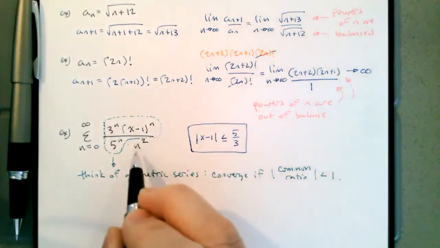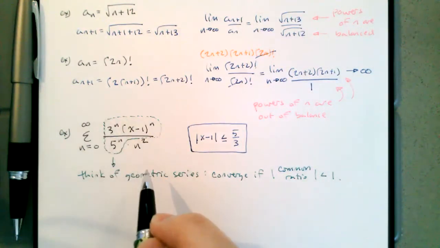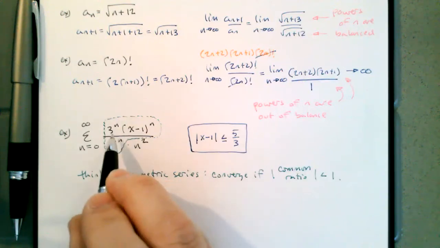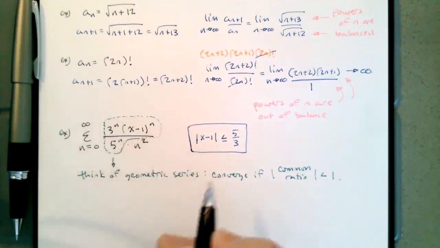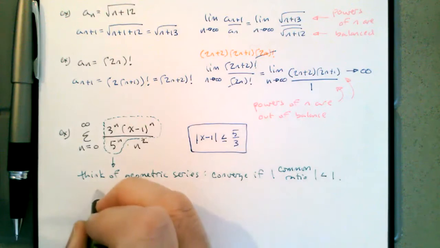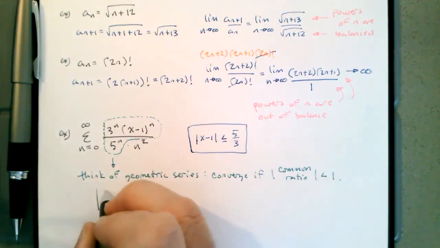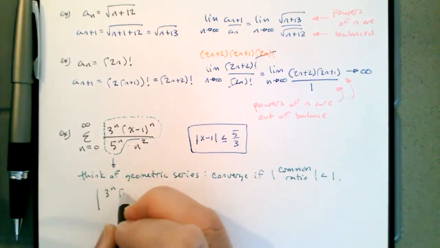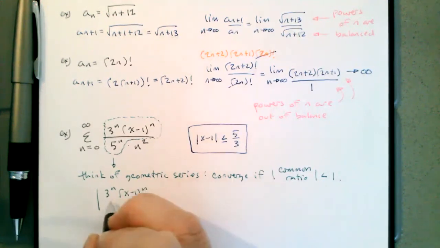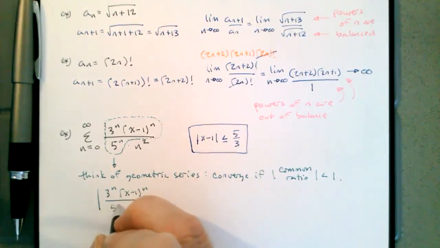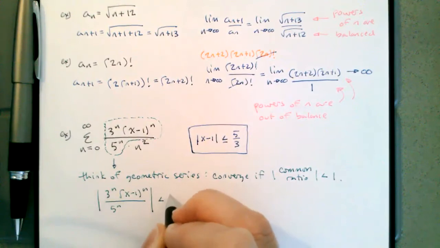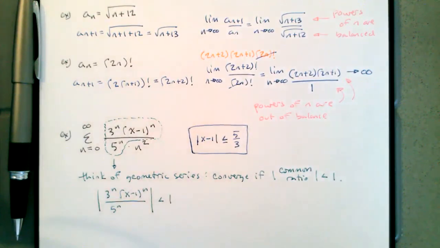If we ignore the n squared part and think about just a geometric series with 3 to the n over 5 to the n times (x minus 1) to the n, then the common ratio has to be less than 1 in absolute value.